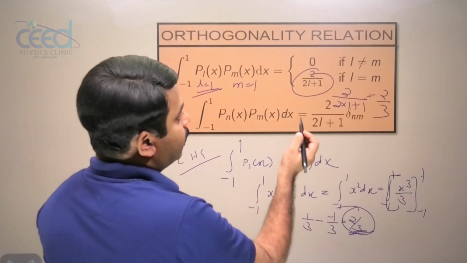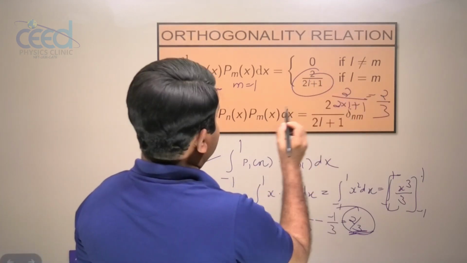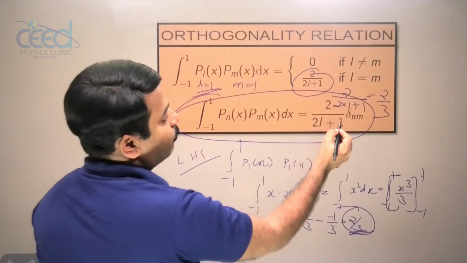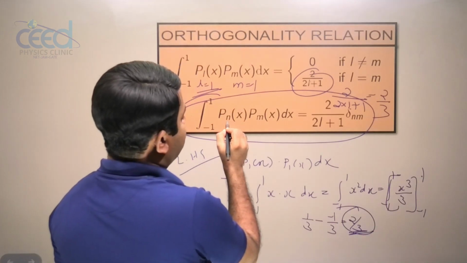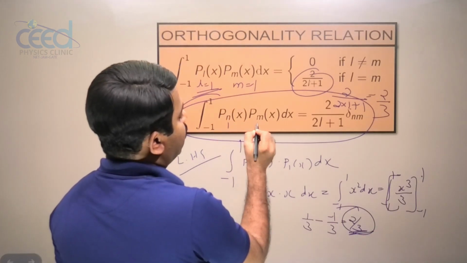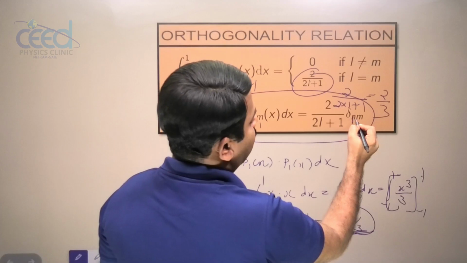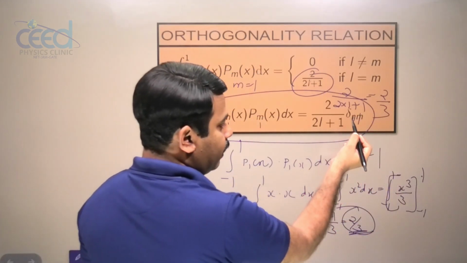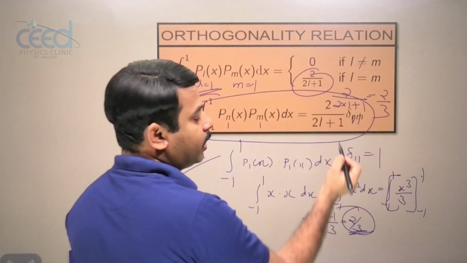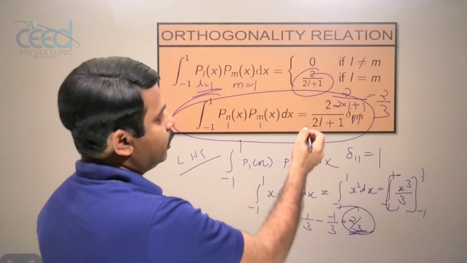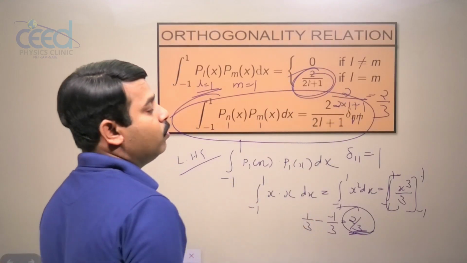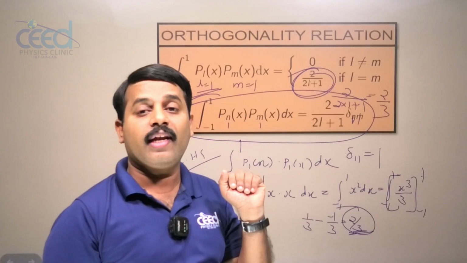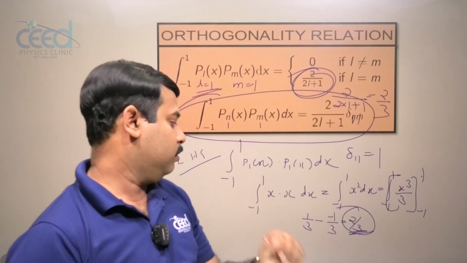Suppose I am writing this orthogonality relation in this format: if n is equal to m, here n is 1, m is 1, Dirac delta of 1 1 is 1 only, times 2 by 2L plus 1, this value comes. So this is another representation using the Dirac delta symbol, alright.